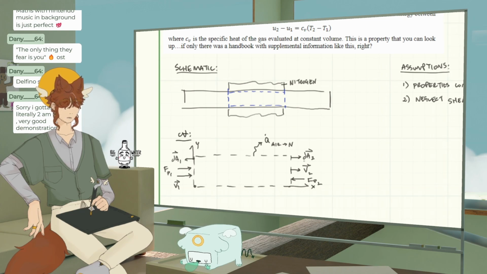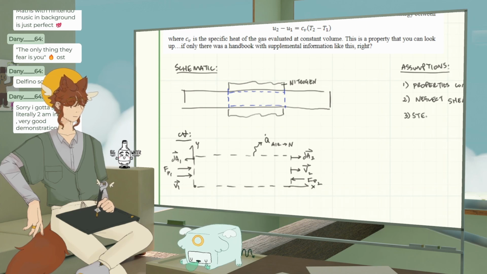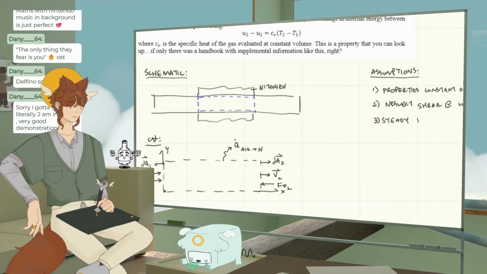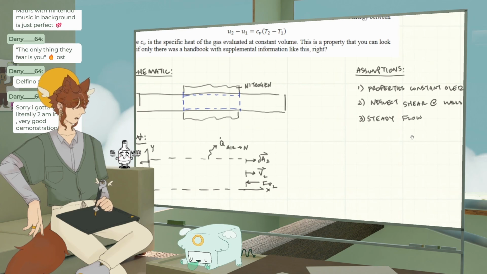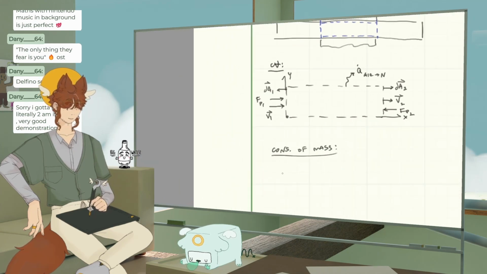Because is the rate of air moving across the control surfaces unequal? And I think the answer is no for that. But the rate of Q is not 0, or there is a Q dot. I'm gonna say steady flow. Most things are steady flow anyway.